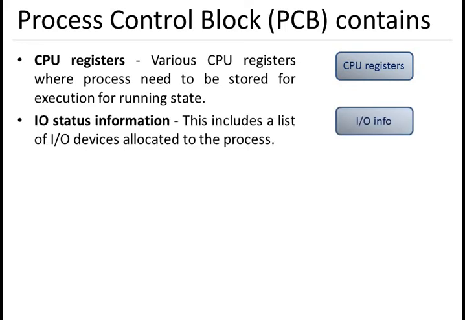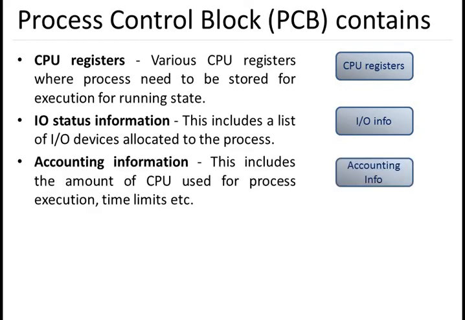IO status information, which includes the list of IO devices allocated to the process. Accounting information, which includes the amount of CPU used for process execution, time limits, etc. For example, there are certain time limits, and for how many cycles the CPU is allocated to that particular process.